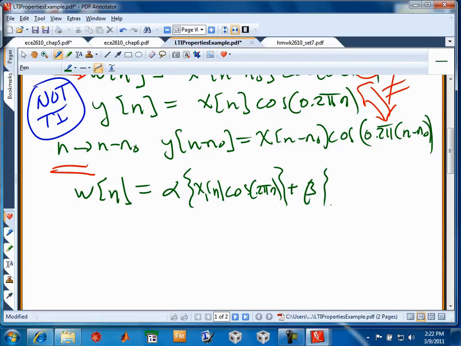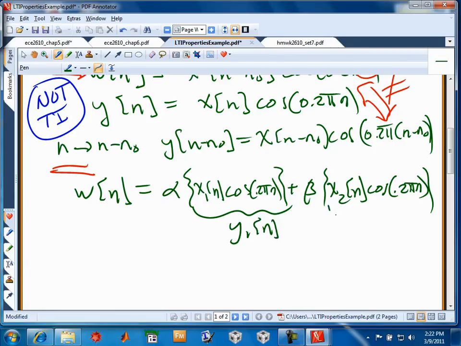Then we apply the second input separately, so that gives us x2 of n times the cosine of 0.2 pi n, right? That was the approach. Apply the input separately, get the output. So this thing right here in the braces is y1 of n, and that's y2 of n.